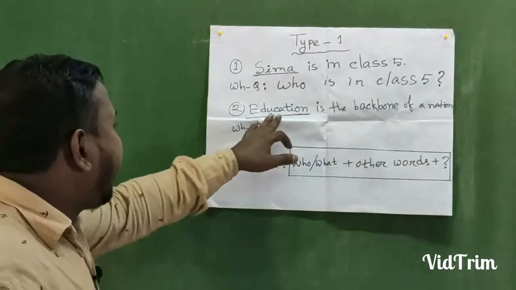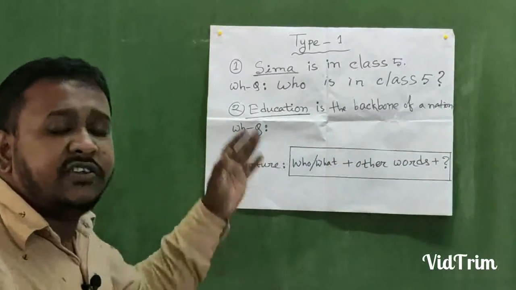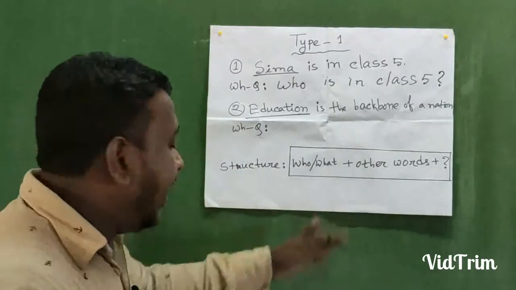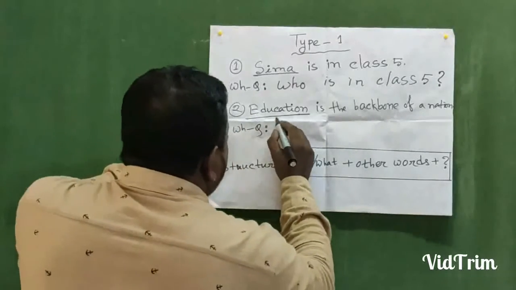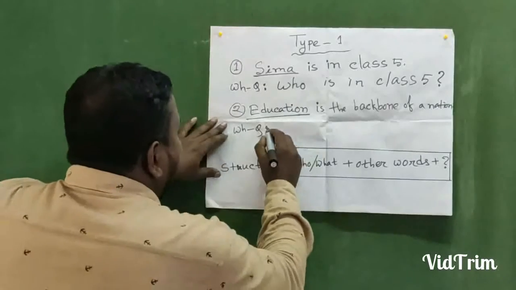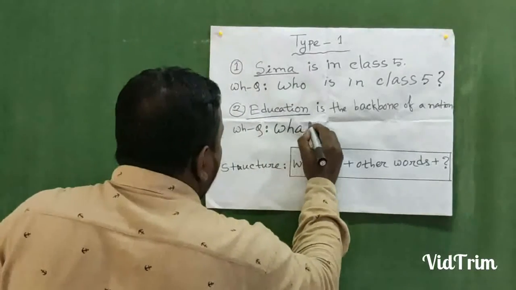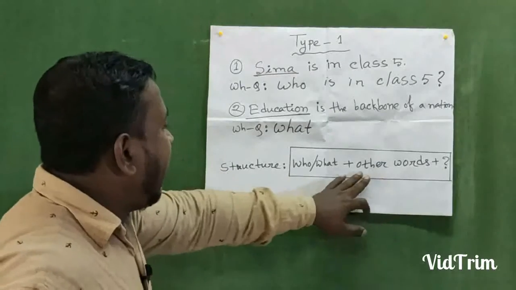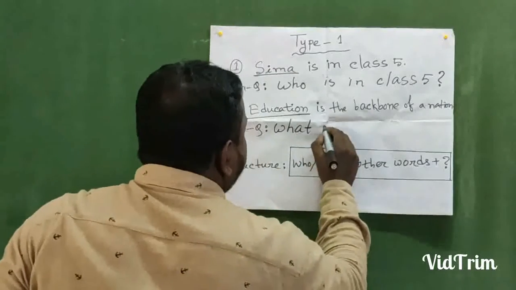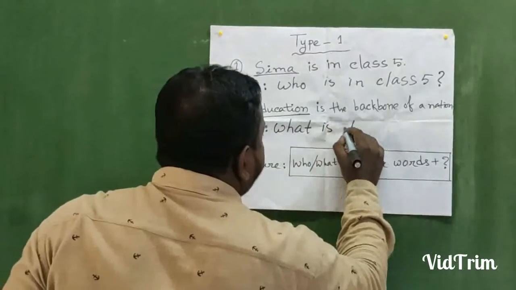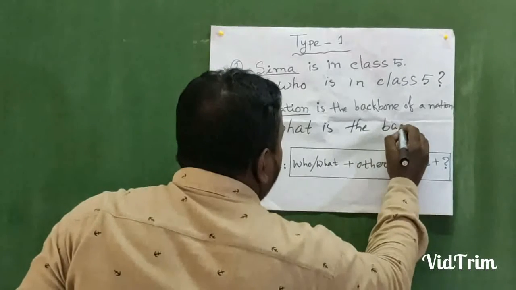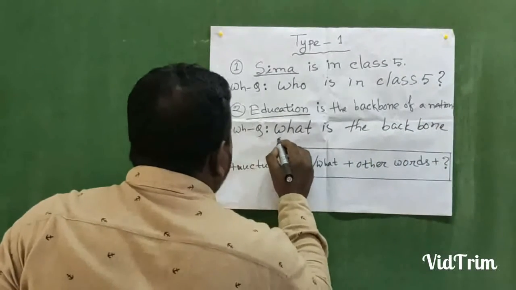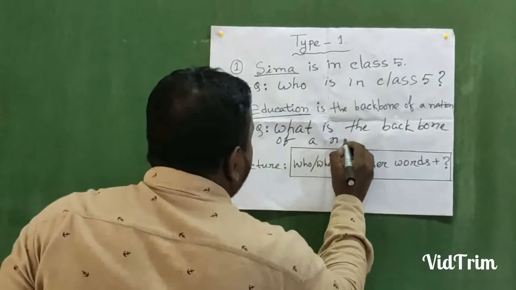Number 2, education is the backbone of a nation. It's not a personal subject. So you will have to use the word what. So for education we write what, and we see the structure. Other words will be the same: what is the backbone of a nation?